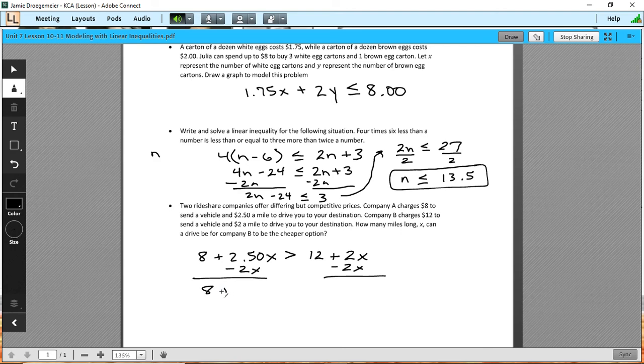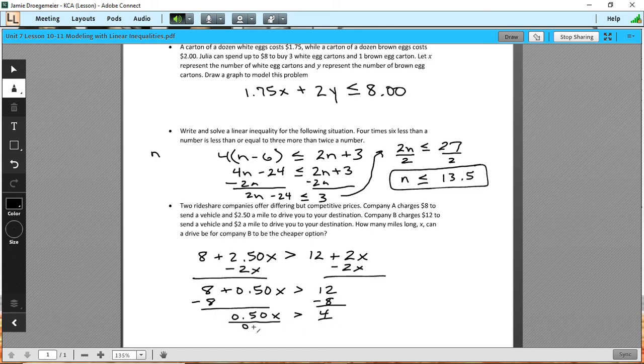And that leaves me with 8 plus 0.50x greater than 12. Then I need to subtract 8 from each side. That leaves me with 0.50x greater than 12 minus 8, which is 4.